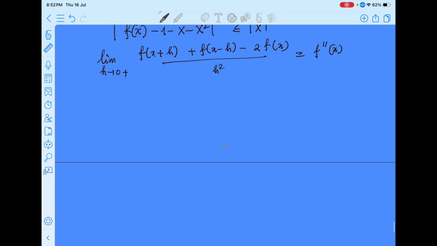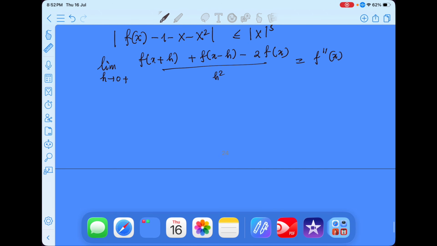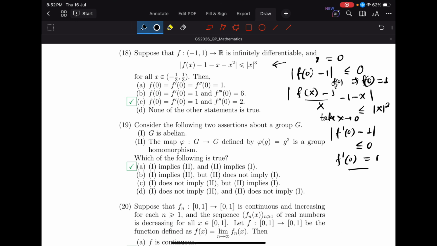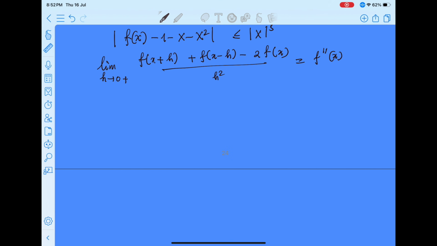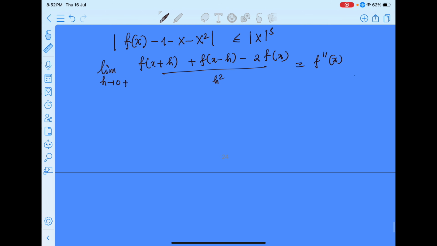This is given that f is infinitely differentiable, so there is no need to worry about the differentiability. So let's compute f double prime of 0: f of h plus f of minus h minus 2 f of 0. Since f of 0 is 1, that is minus 2, divided by h squared. We have to compute that.